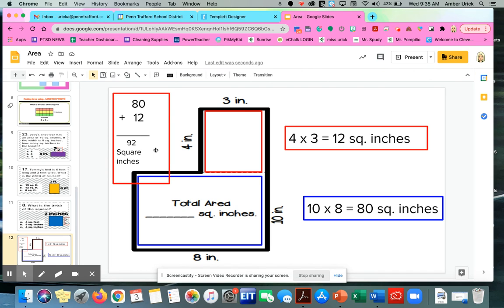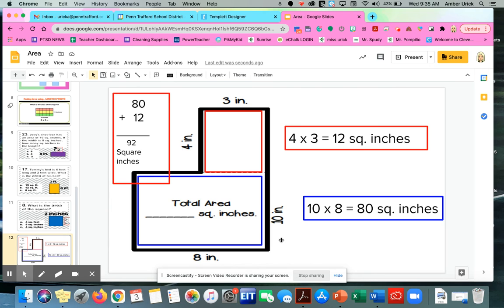We made it easier for ourselves by sectioning this piece off and this piece off because this rectangle was easy to make 80 and this square was easy to make 12. And then we could just add the pieces together because this is an irregular shape.